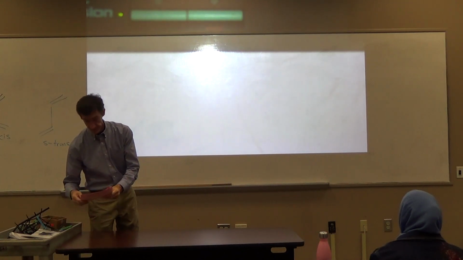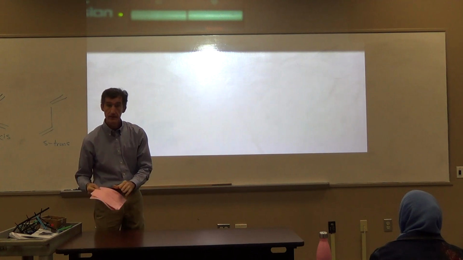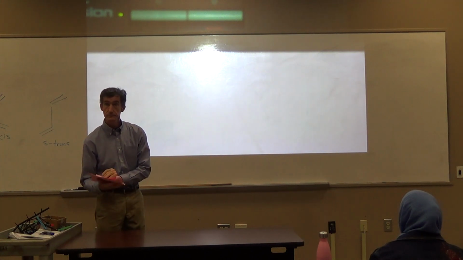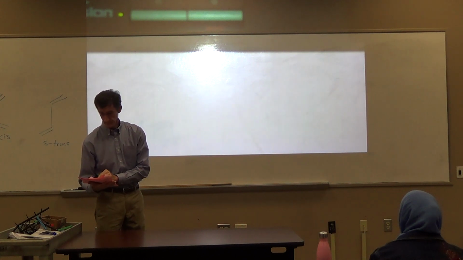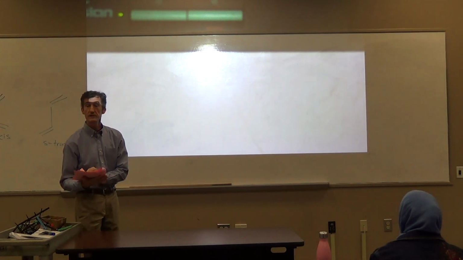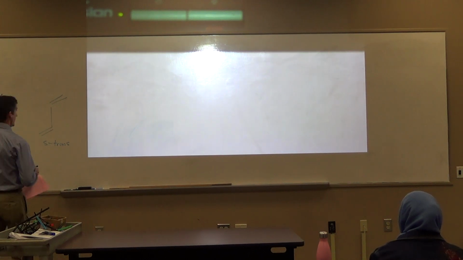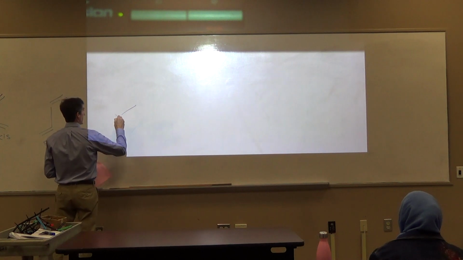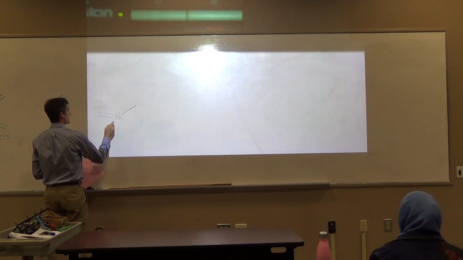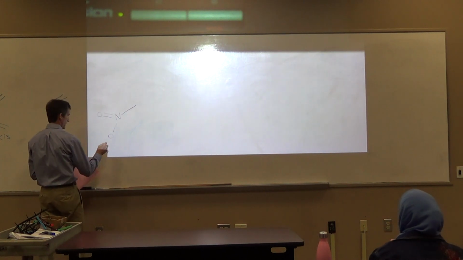Questions about resonance? On the pink sheet, can you draw a Lewis structure for a nitrogen attached to two oxygens? We did that at the end of class on Monday, didn't we? Nitro group? Nitro group. Nitrogen, double bond to one oxygen, single bond to the other.